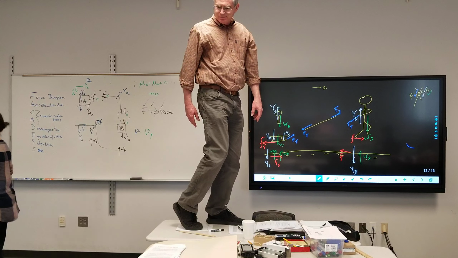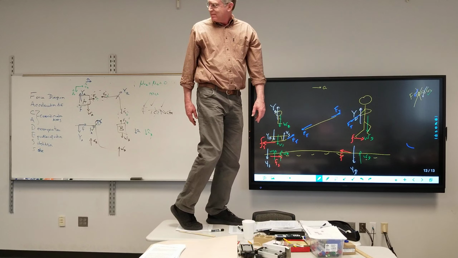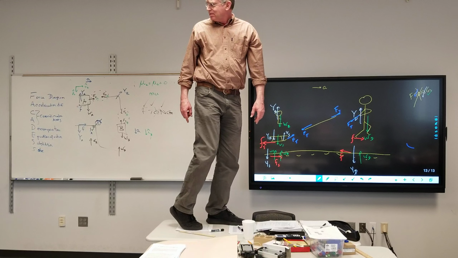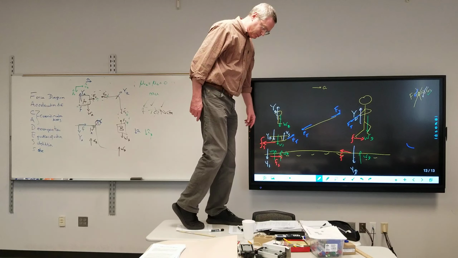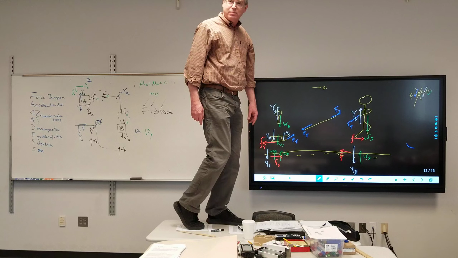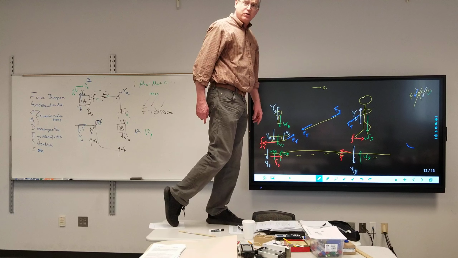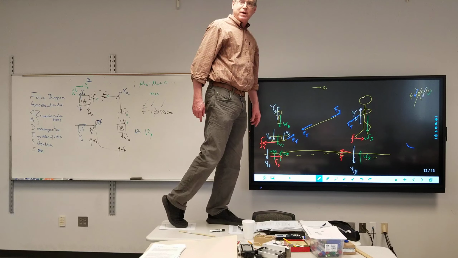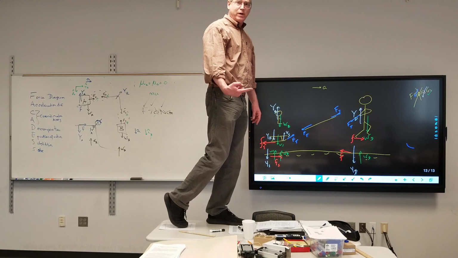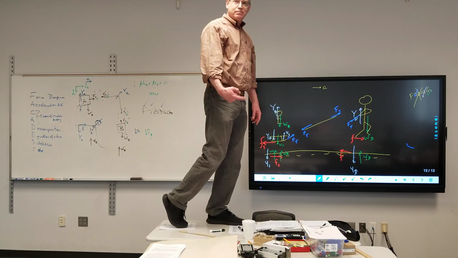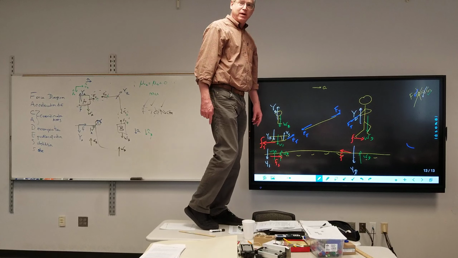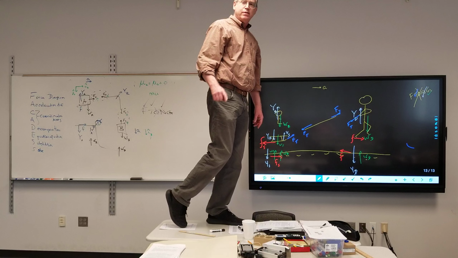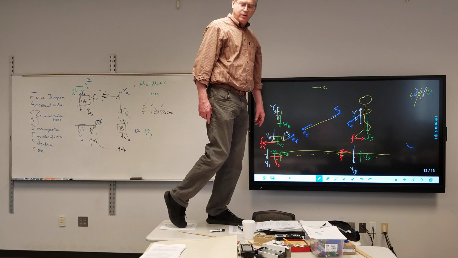As I'm stepping forward, my foot is pushing that piece of paper backwards. That's the friction. So because I'm pushing backwards with my foot, friction is acting this way on my foot. Relative to what I am touching, my foot wants to move backwards. That is what the friction opposes.